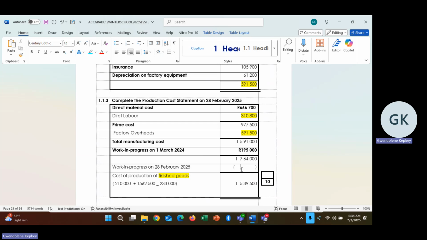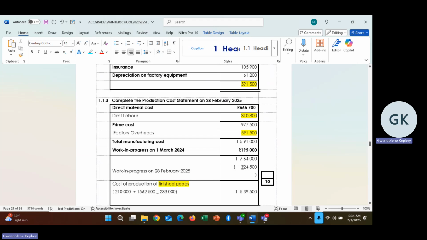You should come to a total. Let's quickly deduct those two from each other. I'll give you a minute to do so. I've said 20. It should actually be 224,500.